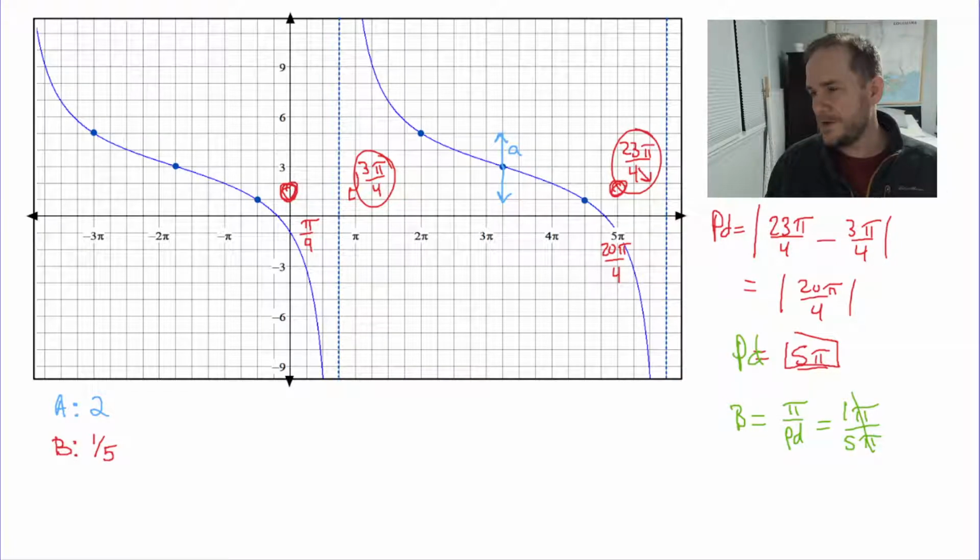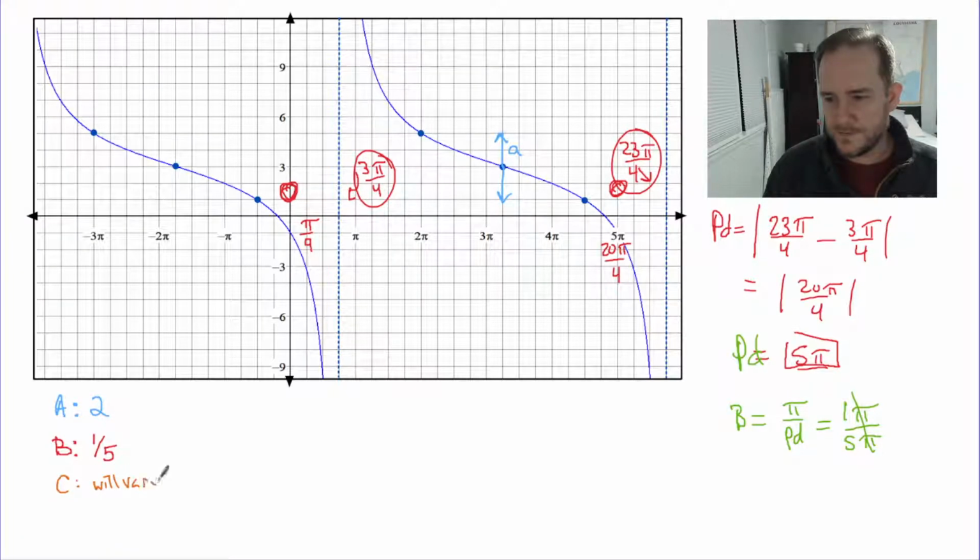Super proud of us. Guess what the c value is? Will vary. It's going to vary depending on whether we are writing an equation using tangent or cotangent, so I'm not going to address that. But we do need a d value. D value tends to be simple. The d value is the distance from the x-axis up to that midline.